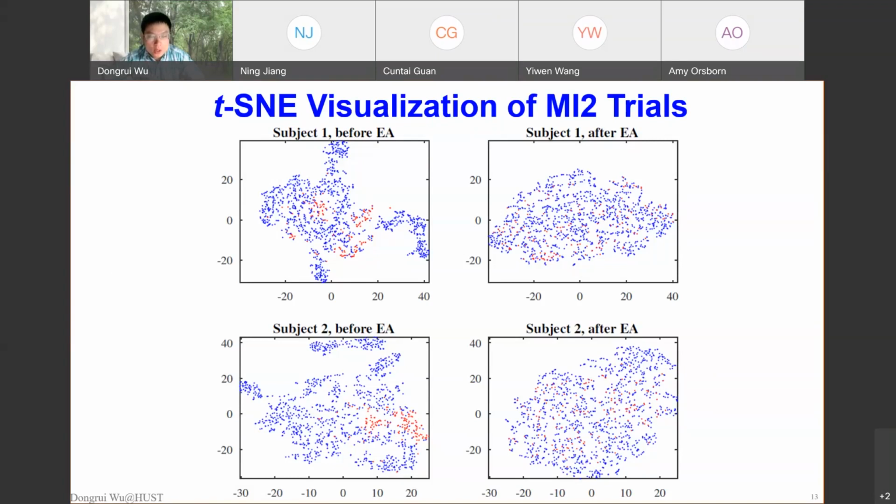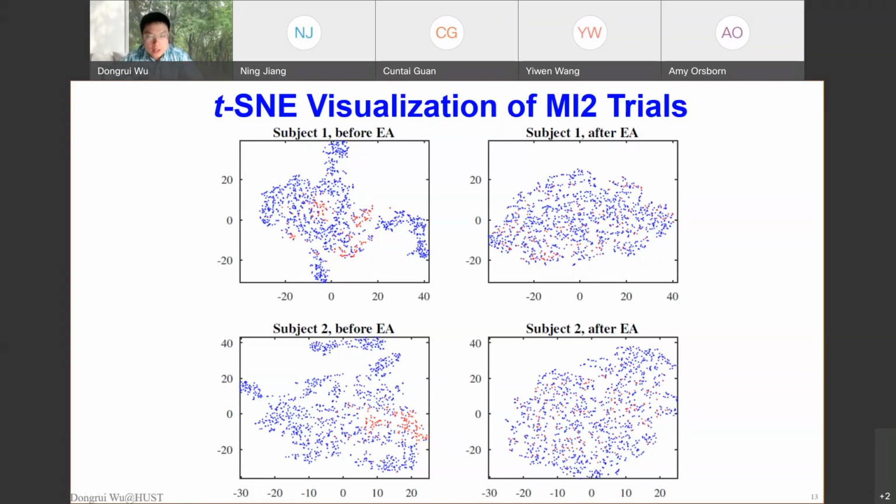We have many more blue dots than red dots because we have 8 source subjects, but only 1 target subject. We can observe that the distributions of the blue dots and red dots are quite different. For example, in this area, we have plenty of blue dots, but no red dots.